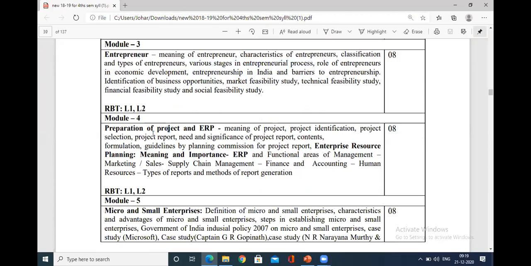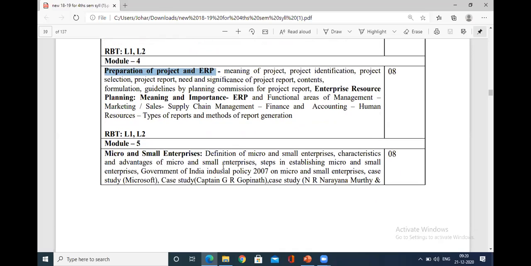But in the case of micro and small, we have studied preparation of a project and ERP, remember? That was the topic we discussed in module 4. That was basically the project in the field of documentary process, whereas in the case of micro and small scale enterprise, the project could be a firm. Firm itself is a project.